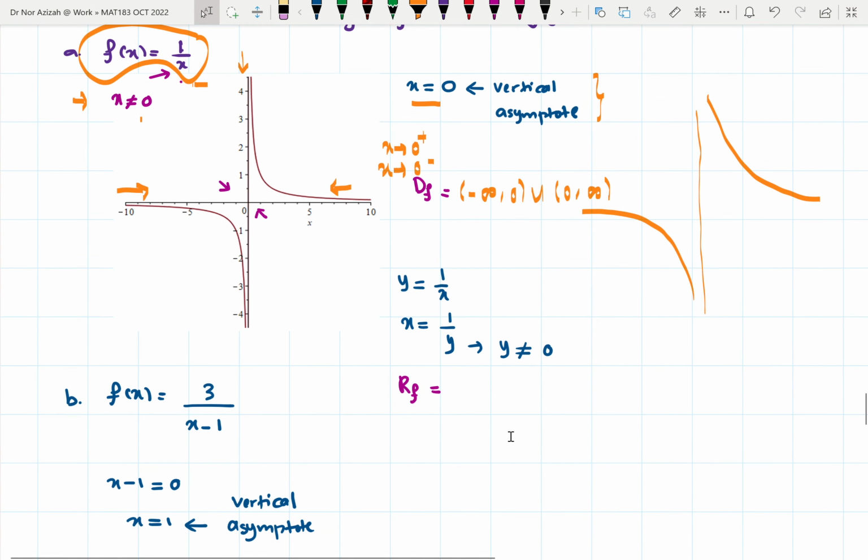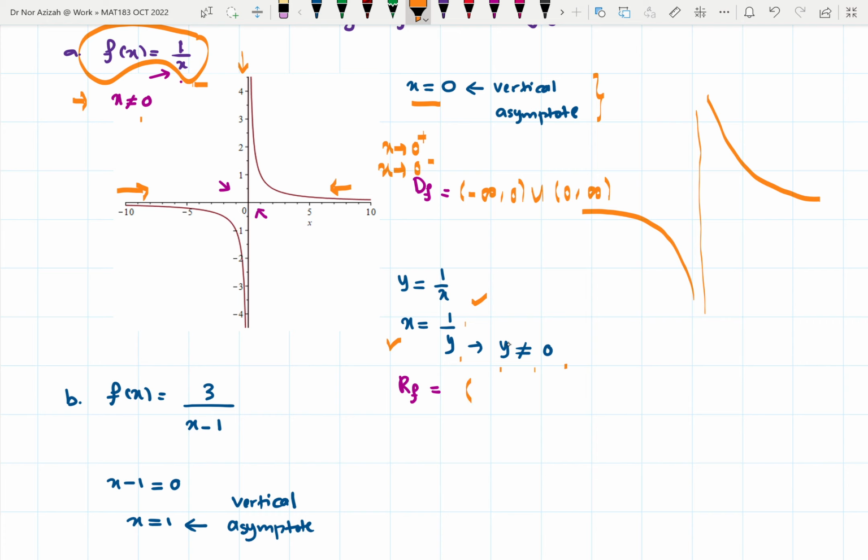Now check the range. Check the range by using algebraic operation. Let y equals 1 over x. So let x as the subject, x equals 1 over y, right? So y cannot be 0. When y cannot be 0, it's the same as the domain, right?